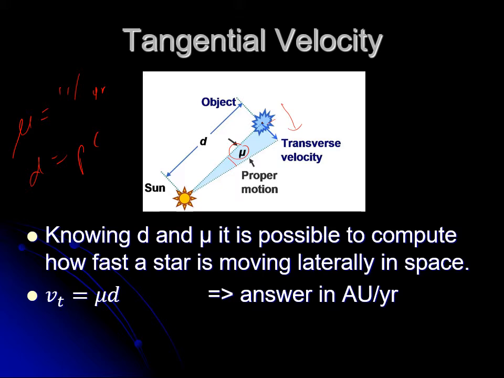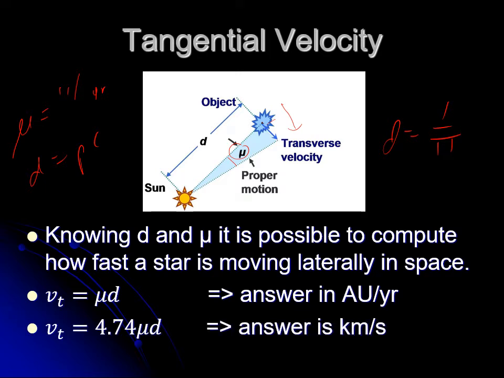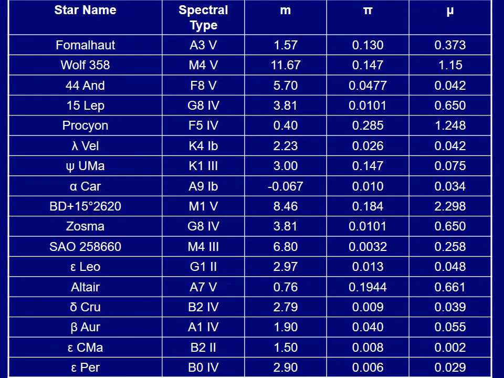And if you multiply this together, remember you get d as 1 over parallax, then the answer is how many AU per year. If you multiply that by 4.74, that's going to give you how fast it's moving in kilometers per second. So let's look at this table of data right here.